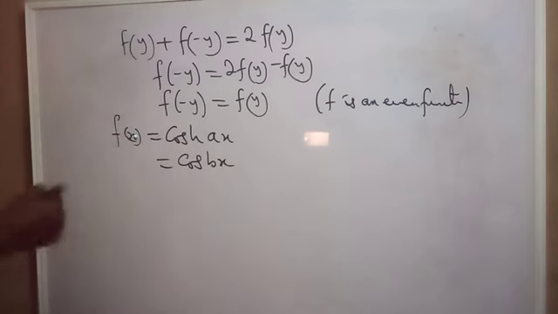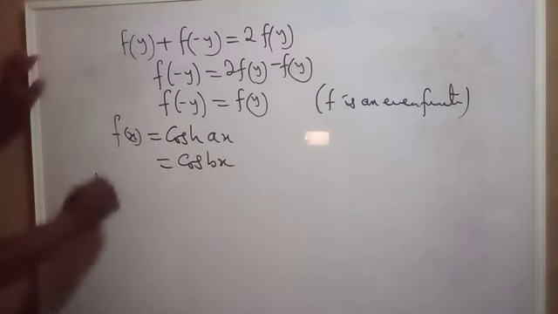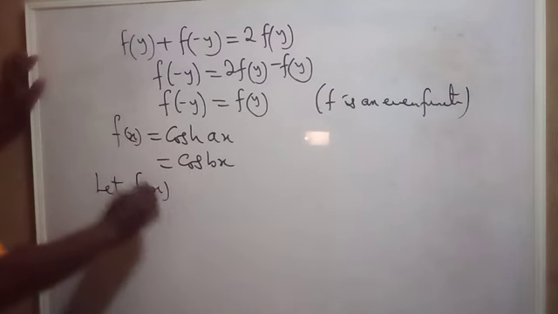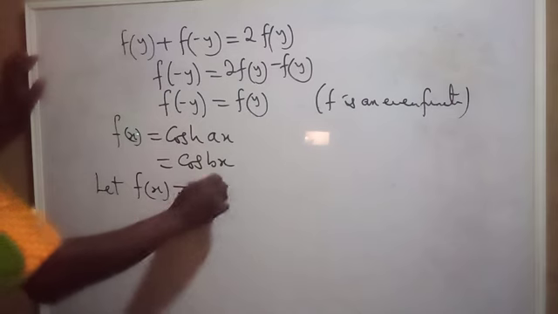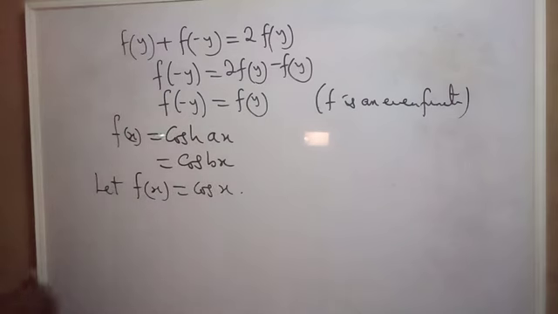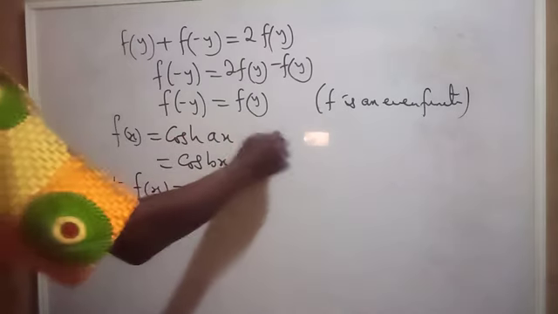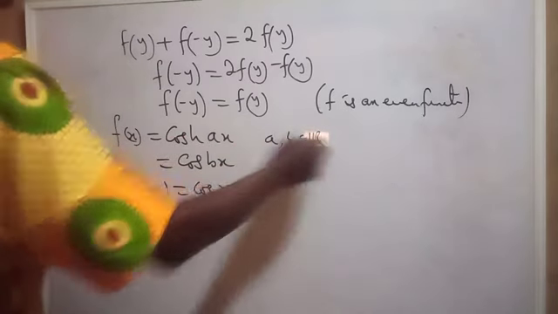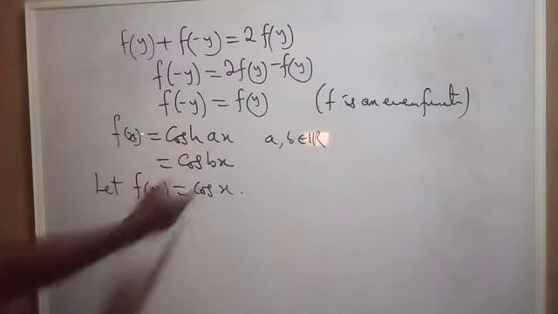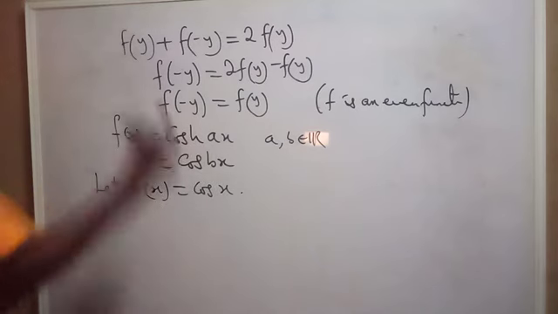Suppose we say f of x is cos x. Here a and b are real numbers, so anything can be there. But suppose our b is 1.